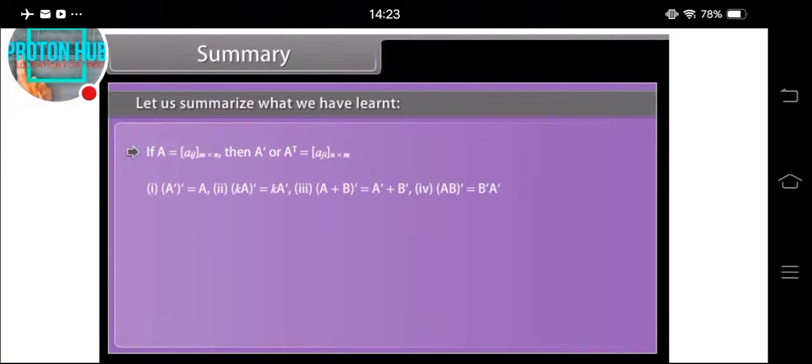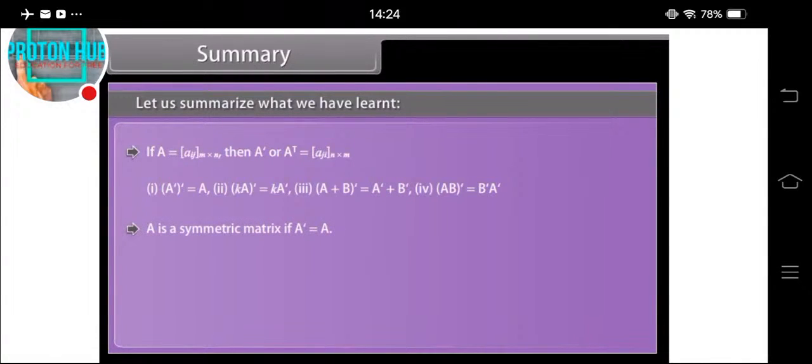Transpose of transpose of matrix A is equal to matrix A. Transpose of K into matrix A is equal to K into transpose of matrix A. Transpose of matrix A plus B is equal to transpose of matrix A plus transpose of matrix B. Transpose of matrix AB is equal to transpose of matrix B into transpose of matrix A.